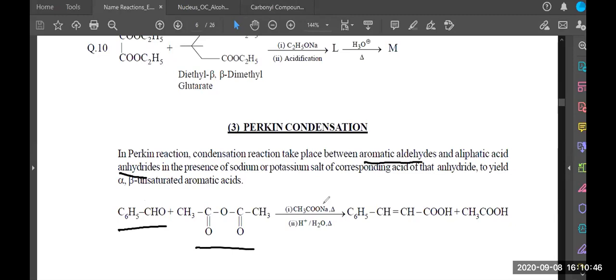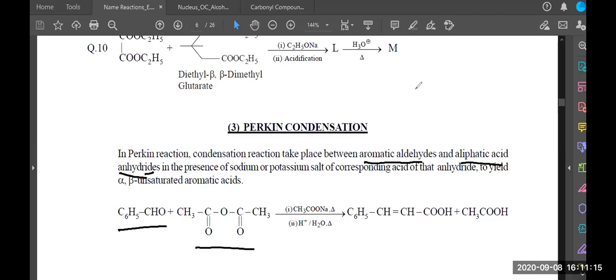Perkin condensation is a condensation reaction between an aromatic aldehyde and an aliphatic acid anhydride. And when we talk about condensation, if you don't remember anything, just think that the reagent would be a base.